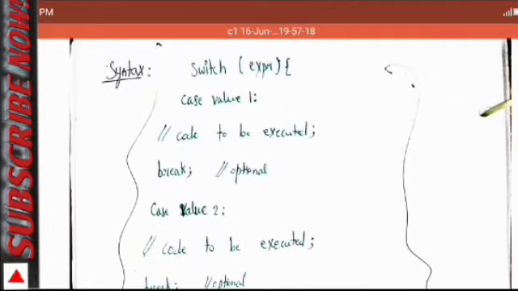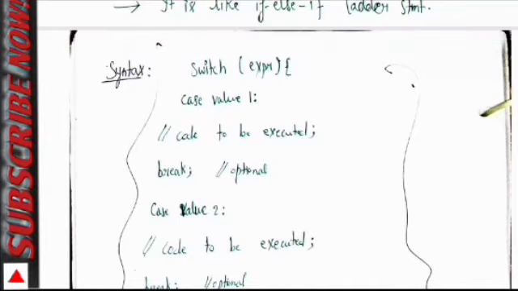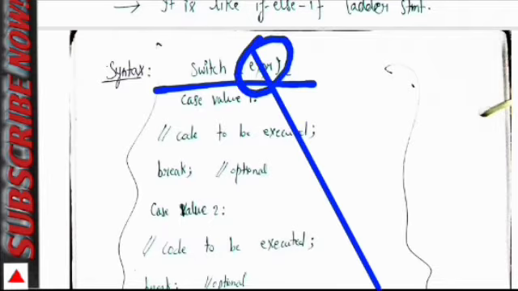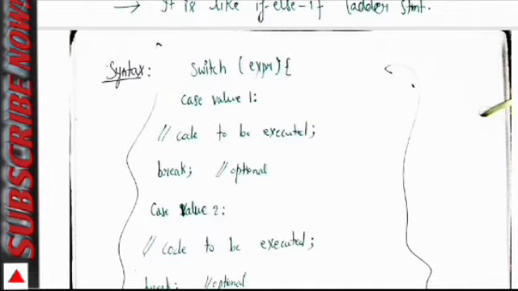Here, using the switch keyword, firstly we use switch and in parentheses we define the expression and condition. And in the curly braces we define various cases, like case with value 1, value 2, and so on.